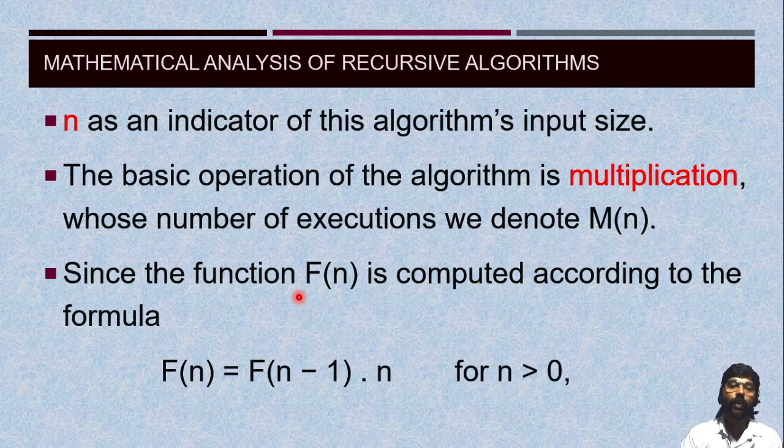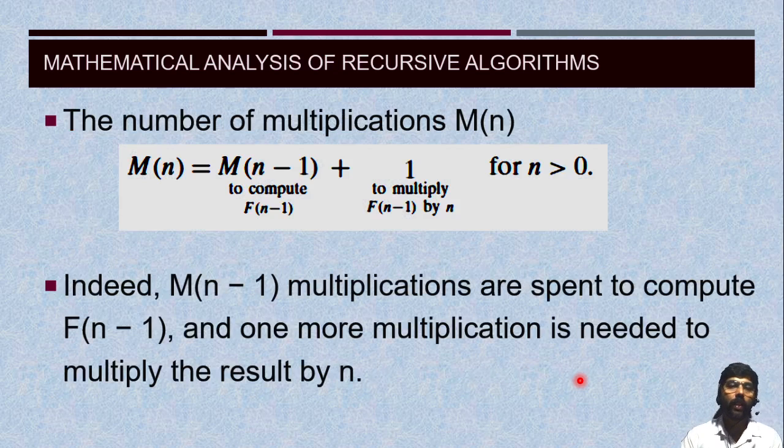Since the function f of n is computed according to the formula, factorial of n is factorial of n minus 1 times n for n greater than 0. Now, m of n is the number of times this multiplication works. It can be calculated using m of n minus 1.